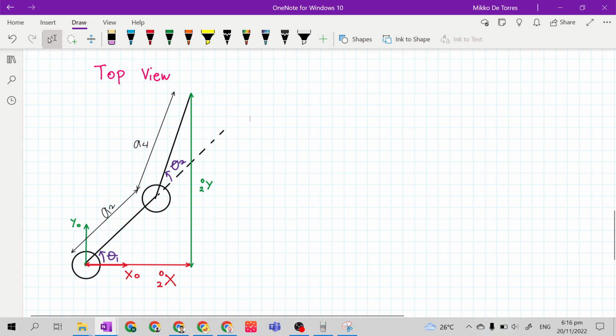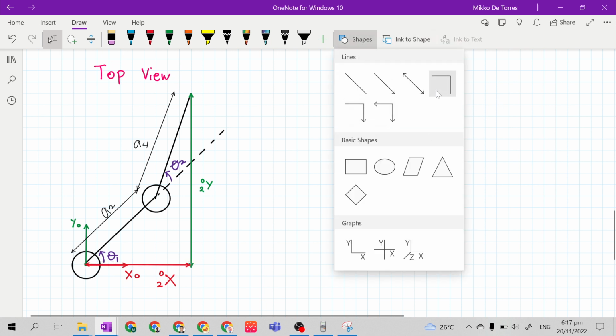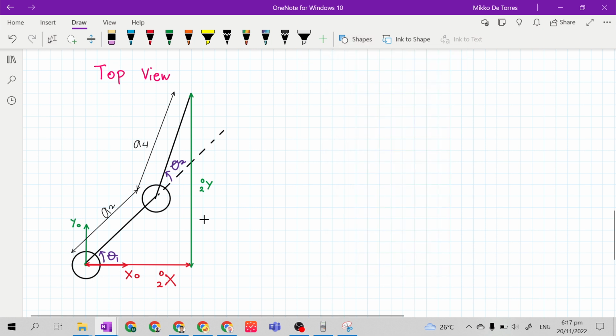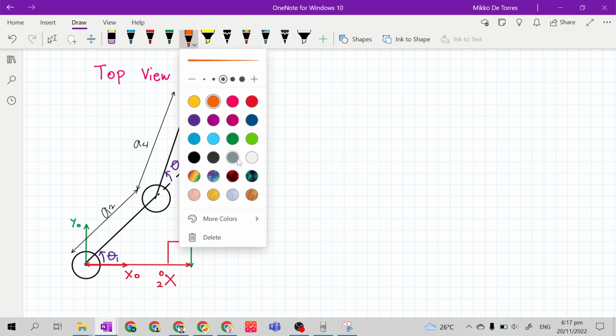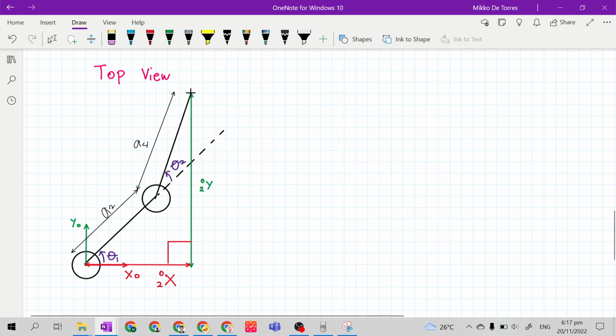If you look properly, this is a right angle. What we need next is a hypotenuse. So we have here a hypotenuse. This will be your hypotenuse. Now we have a right triangle.